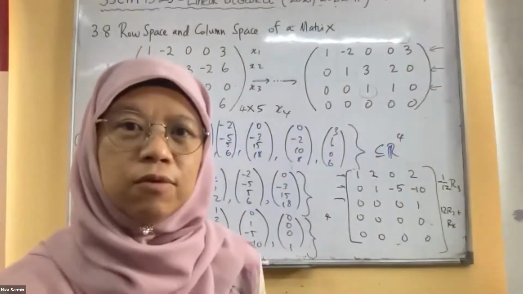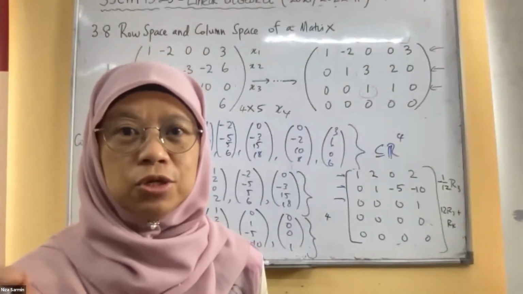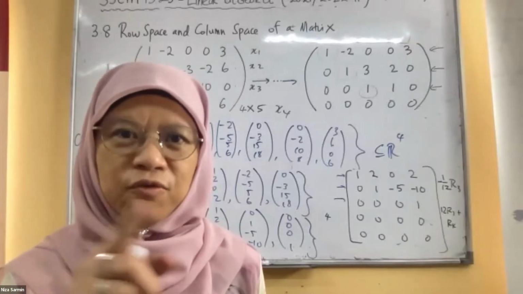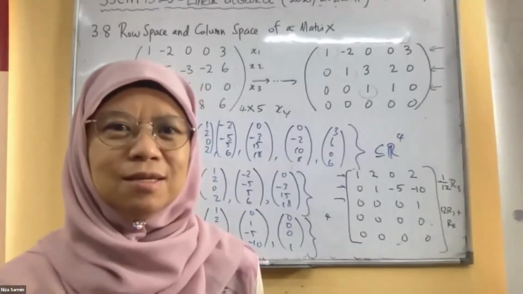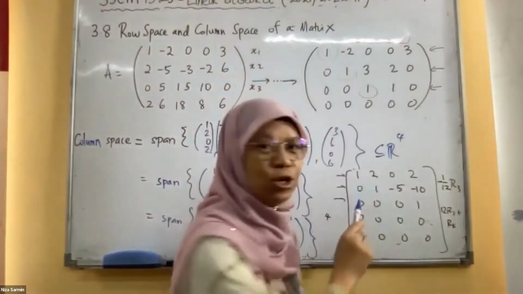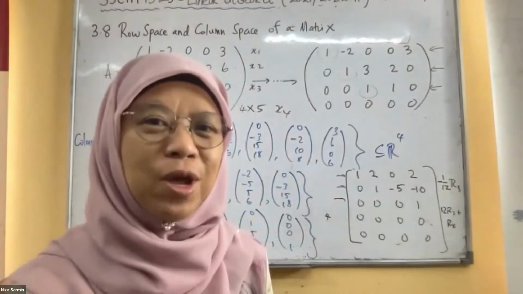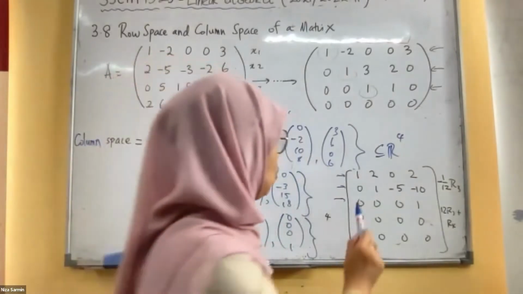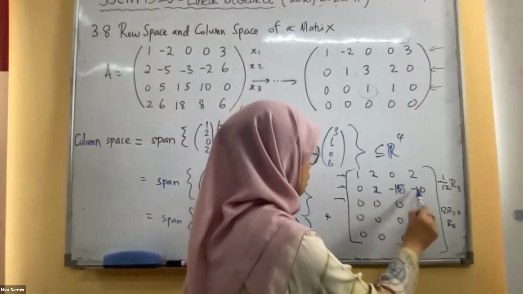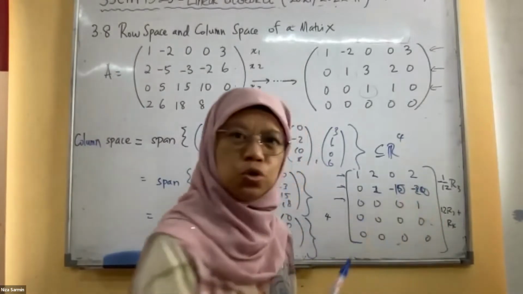And since the row echelon matrix is not unique, maybe your friend will get a different answer. Yeah, because I did not say that it has to be row echelon form. If you leave this as 2, and this is like this, this is also a basis.